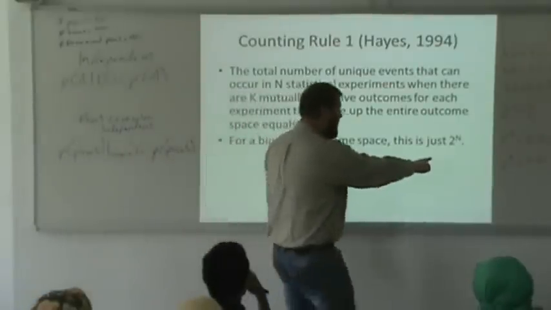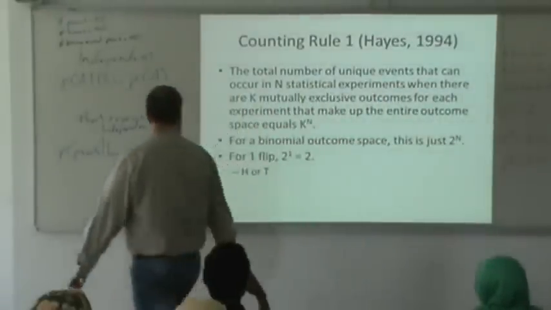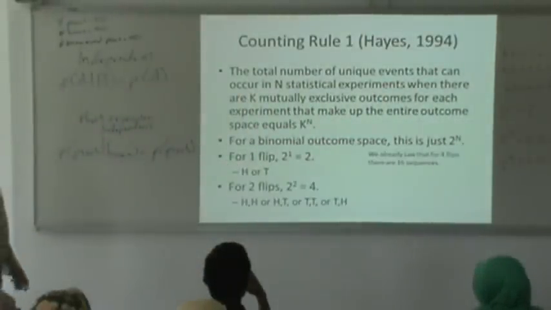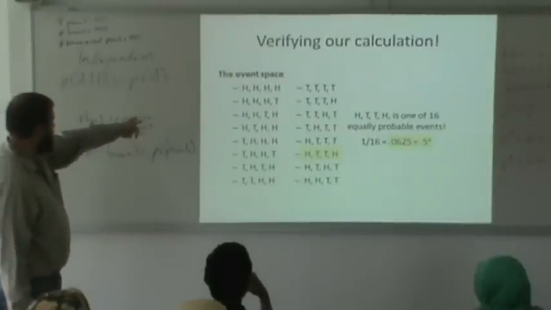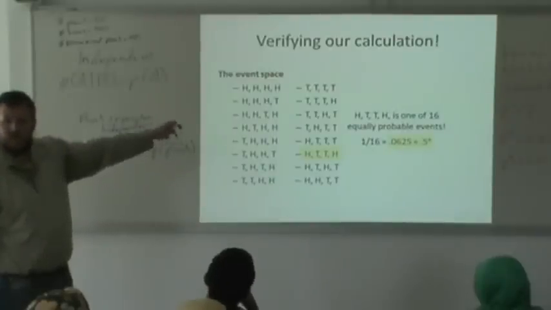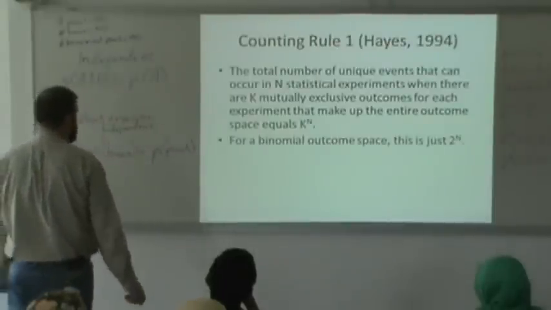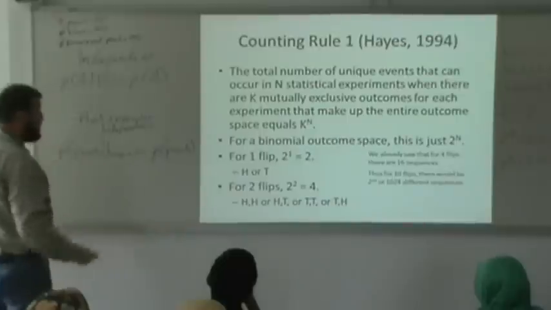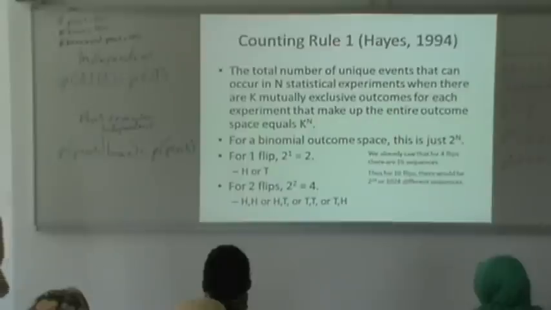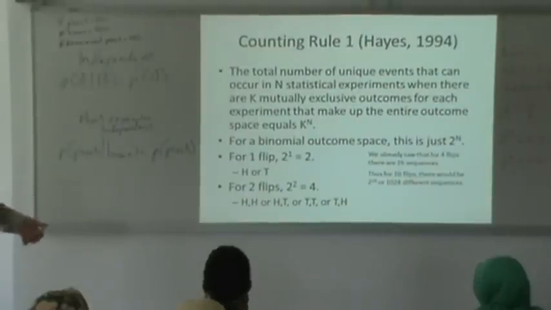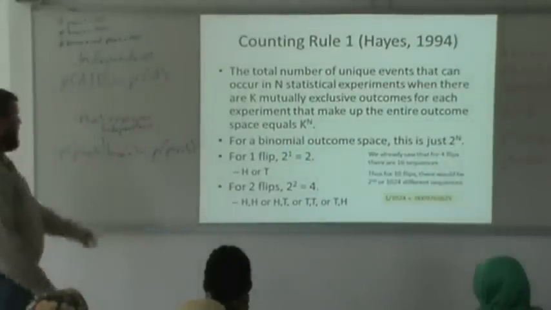So if we know this rule, we can very quickly figure out how many different events there could be. For 4 flips, we had 16 different sequences. Is that right? 2 to the 4th is 8 times 2, 16. Great. So for 10 flips, we have 2 to the 10th different sequences, different events. That's 1,024.